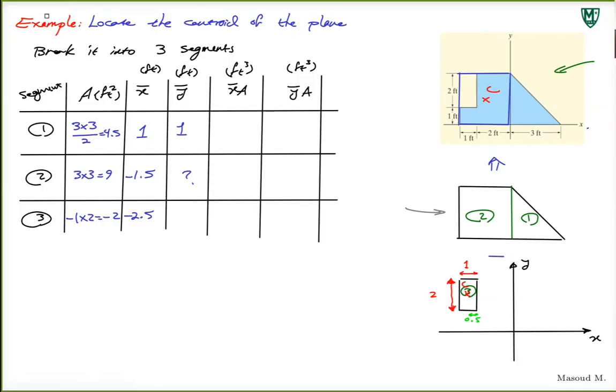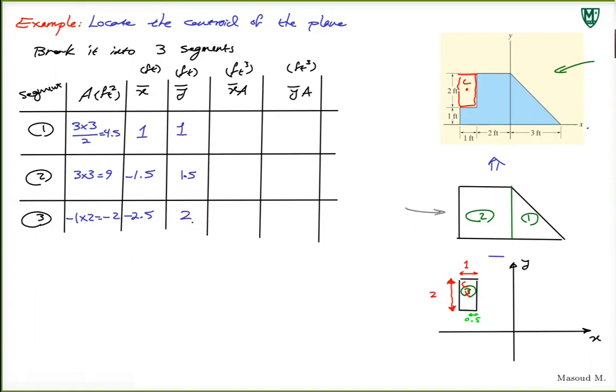So that would be 1.5, right? And the third one would be section 3. This is the centroid in the middle. What is the y coordinate for this? It's 2, right? So 1 plus half of that, which is 1, makes it 2.